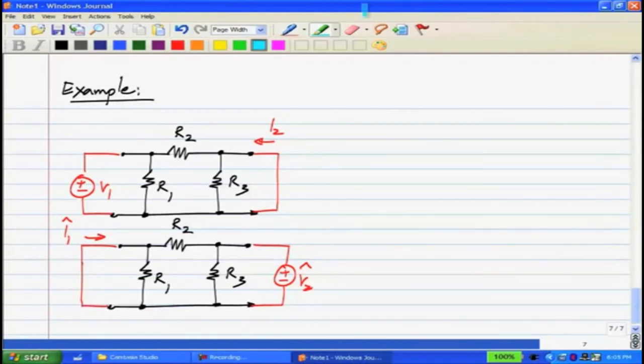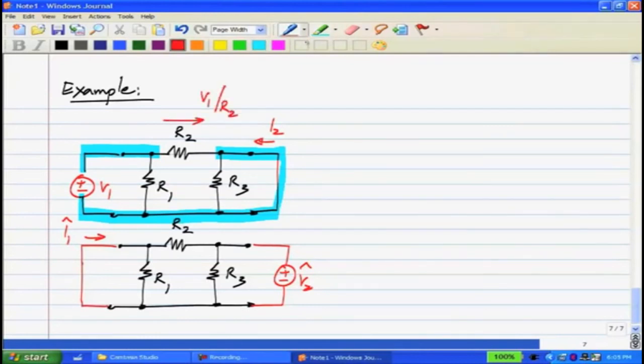So now it's very clear that because of the short circuit, this voltage simply appears across R2. So the voltage source is connected across R2, so the current in R2 is simply V1 divided by R2. Also, because of the short circuit, no current flows in R3, and this I2 simply equals minus V1 by R2.